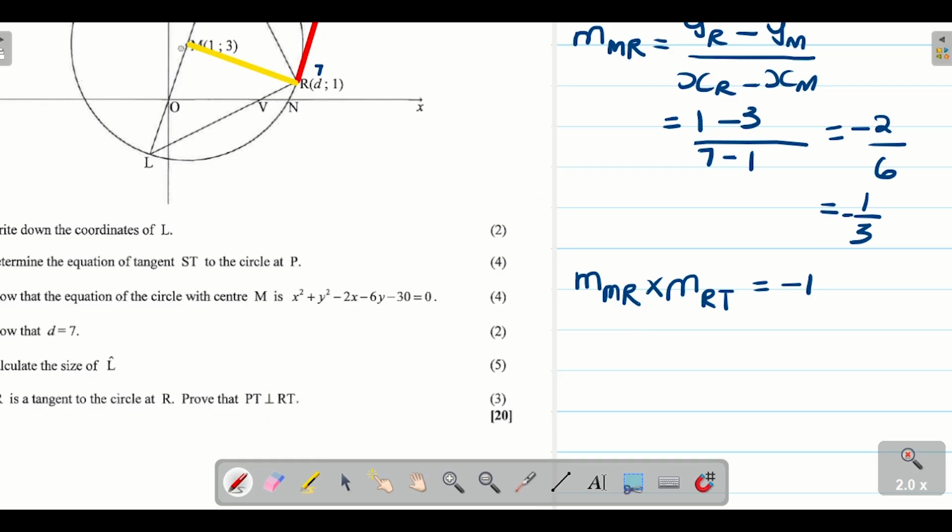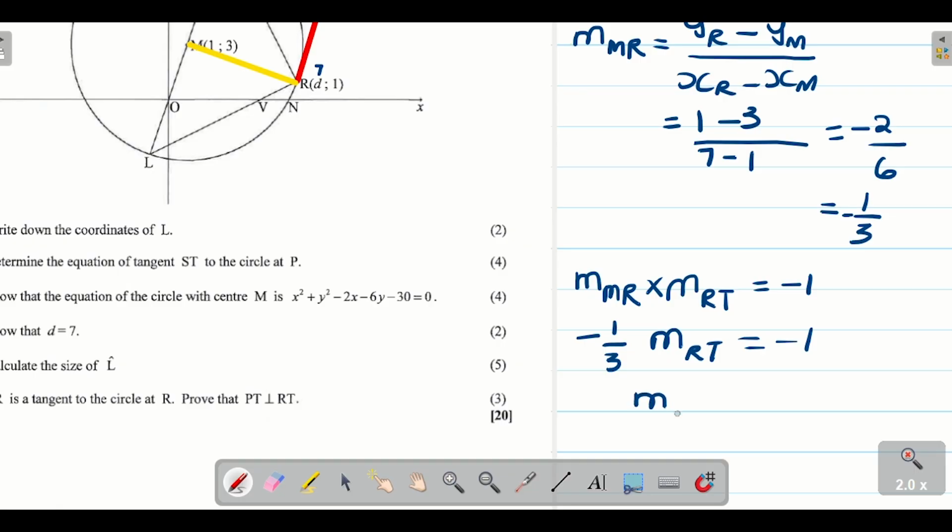The rule is that the radius of a circle is perpendicular to the tangent of that circle. All right, so we found the gradient of MR to be -1 over 3. We don't have the gradient of RT. It's equal to -1.